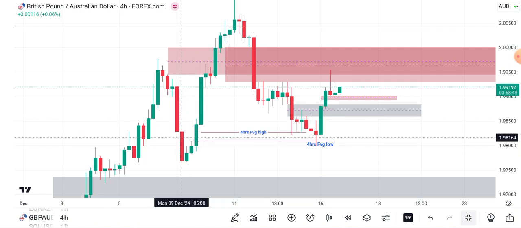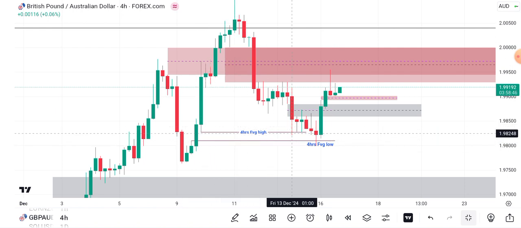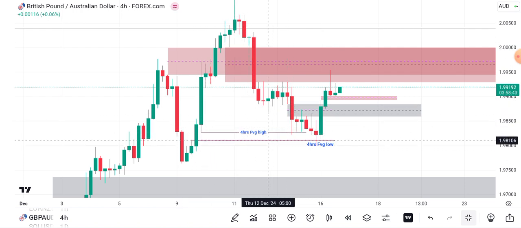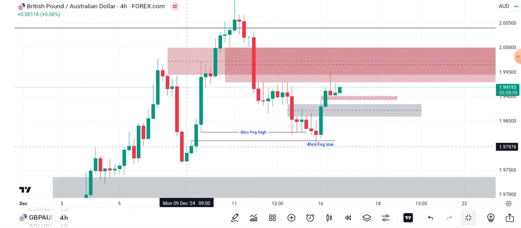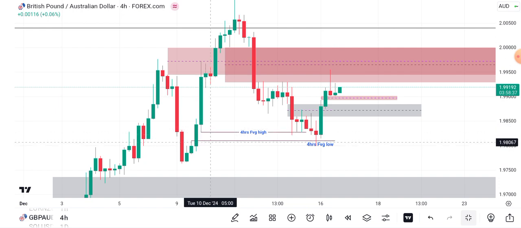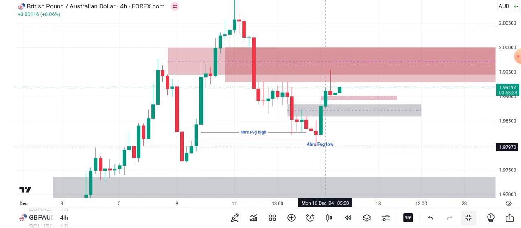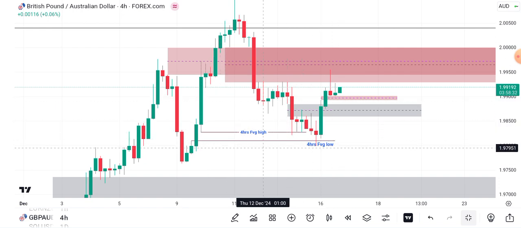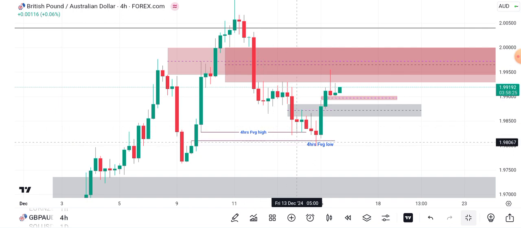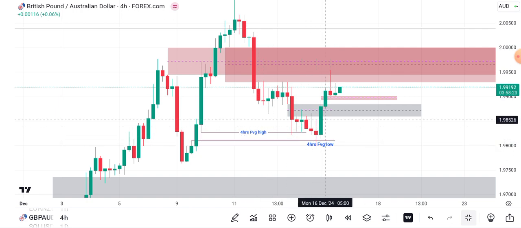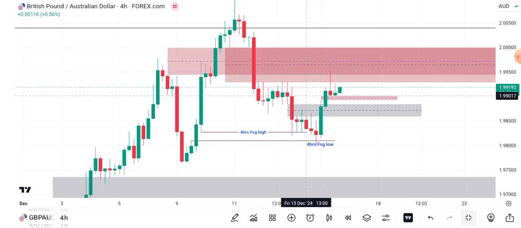I want price to enter into an old low, take it as a form of liquidity, then reverse, or price should enter into fair value gaps, just as this one here, enter into it and then reverse. I had already marked this fair value gap, and I was expecting that price would enter into it and then begin the reversal higher into this larger place. That was my expectation for today.